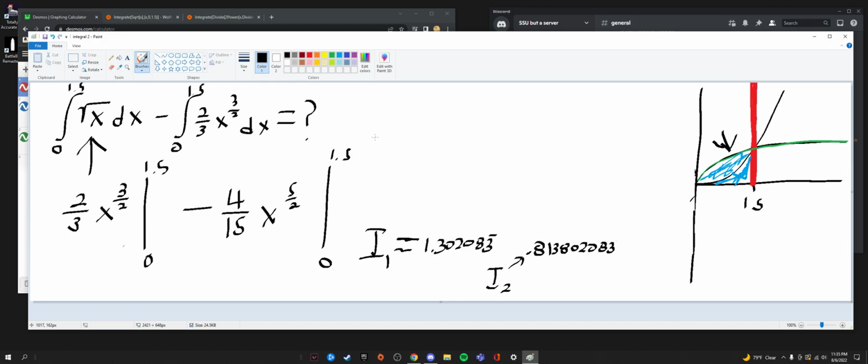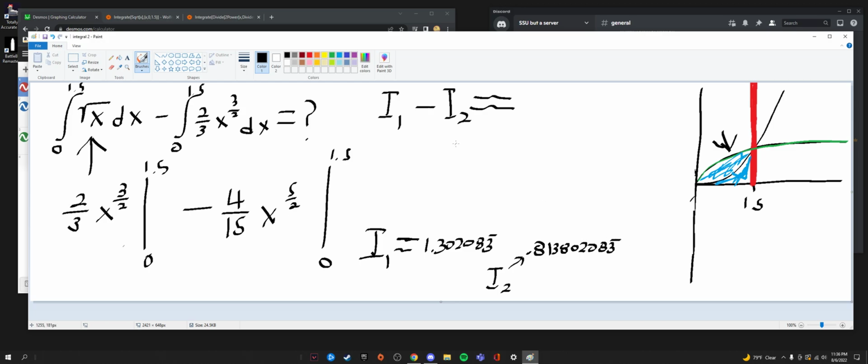So we have our integral, I'm just going to use I sub 1 minus I sub 2, is approximately equal to 1.302083 repeating, minus 0.813802083, repeating.